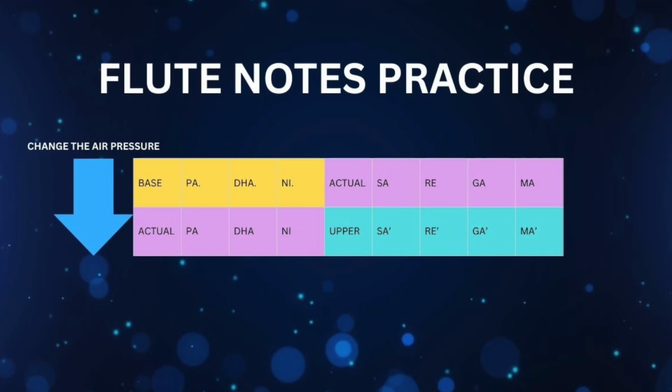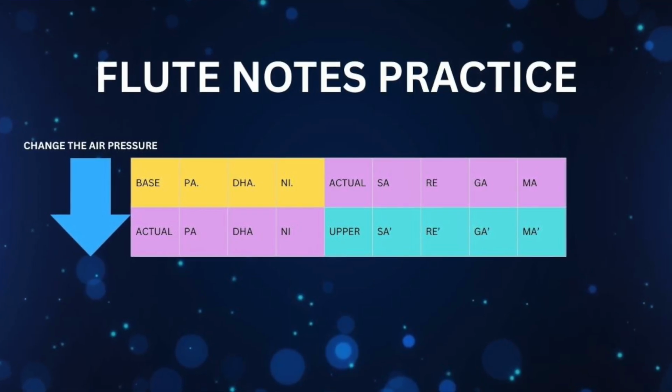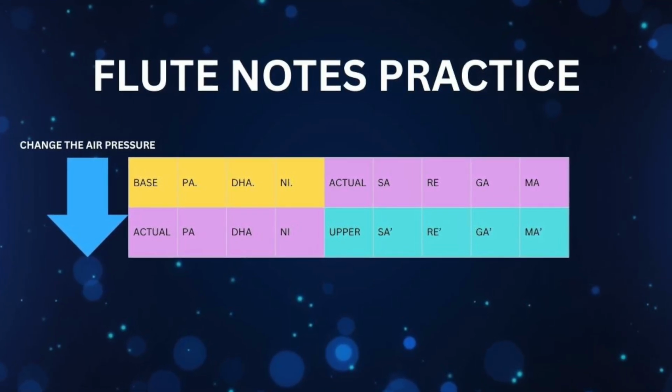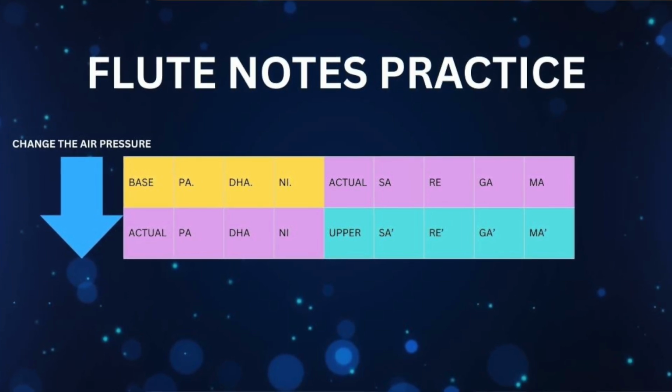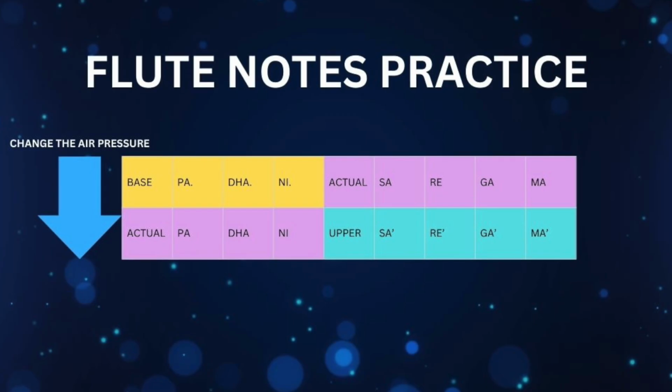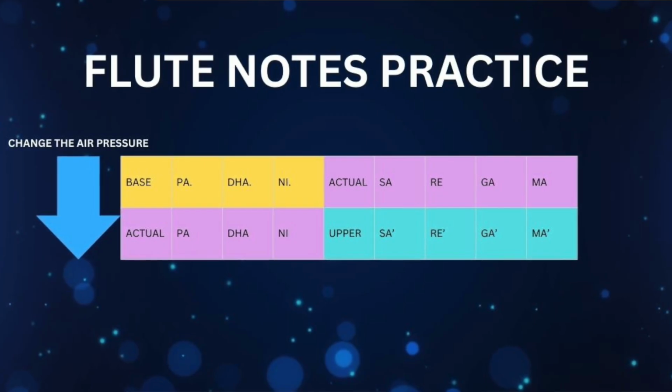Then the same way sa re ga ma and upper sa re ga ma can be played. Okay, so this is the whole range of our flute. I hope you are clear with this information.